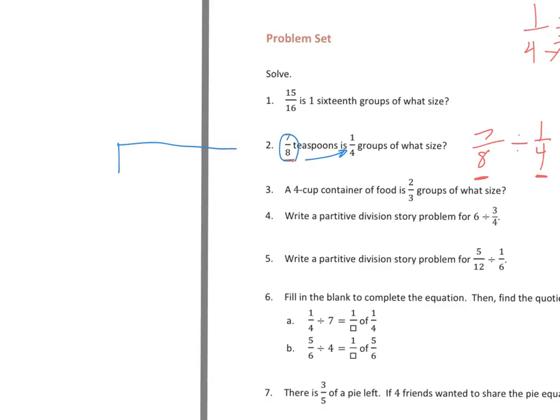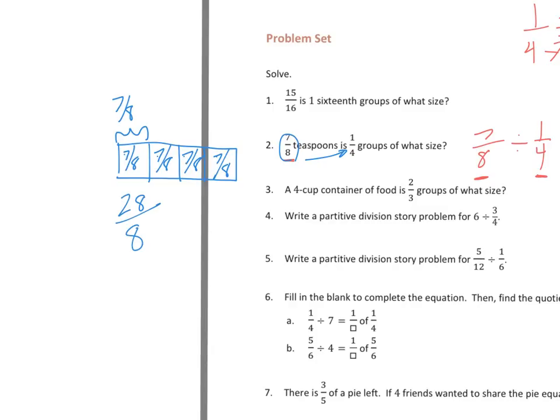So if I draw a tape and break it into fourths, I know that 7/8 is 1/4. I want to know the rest of the group. So if this is 7/8, this is 7/8, this is 7/8, this is 7/8. So I have 7, 14, 21, 28 eighths.